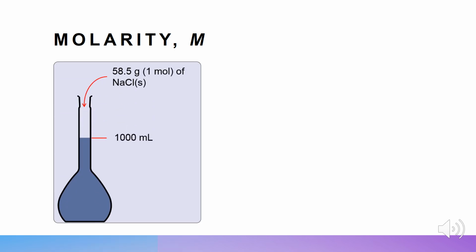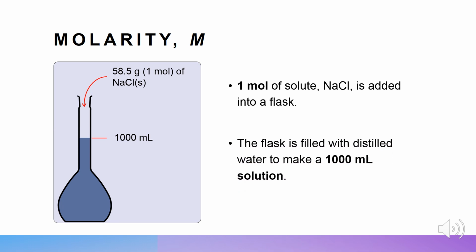For example, to have a 1 molar sodium chloride solution, 1 mole of solute, NaCl, is dissolved and placed in a 1 liter flask. The flask is then filled with distilled water until the volume of solution is exactly 1 liter or 1000 mL.